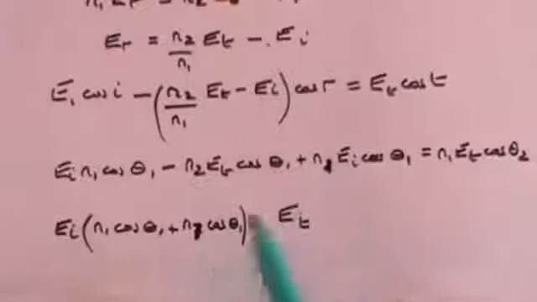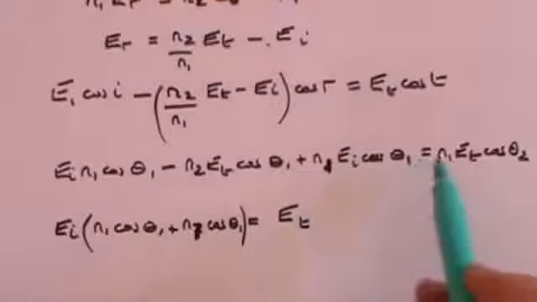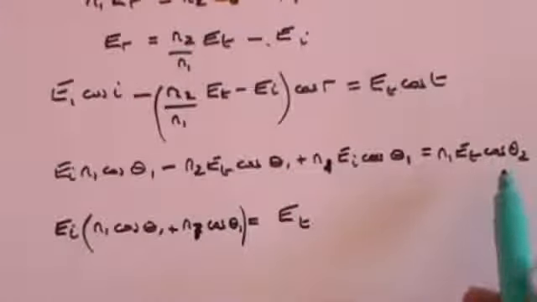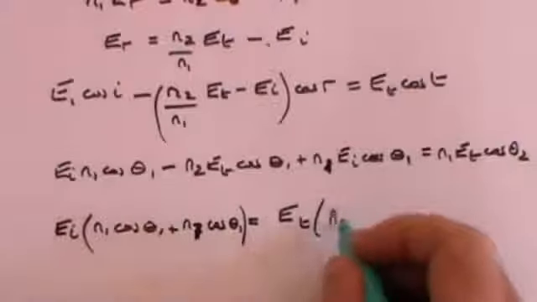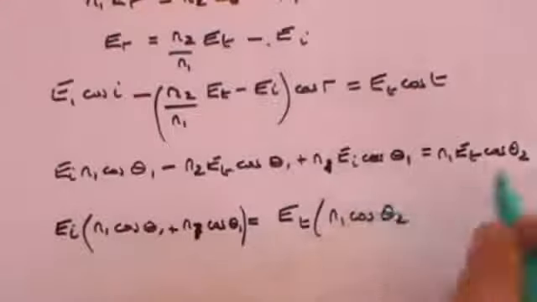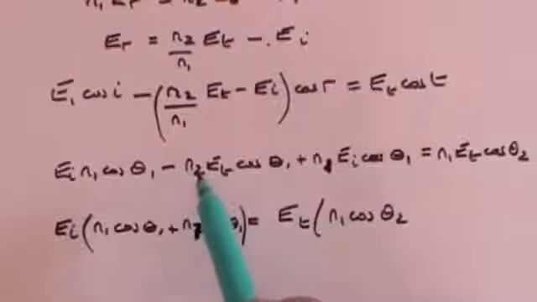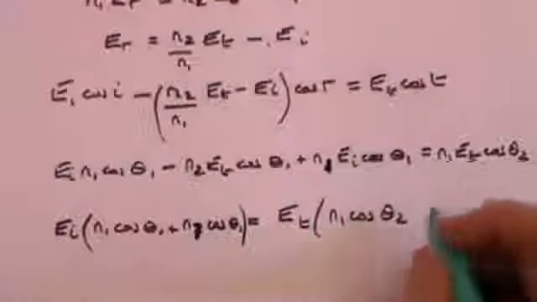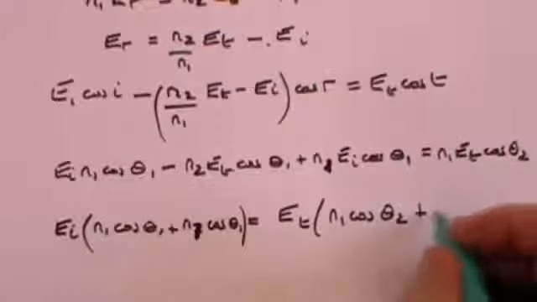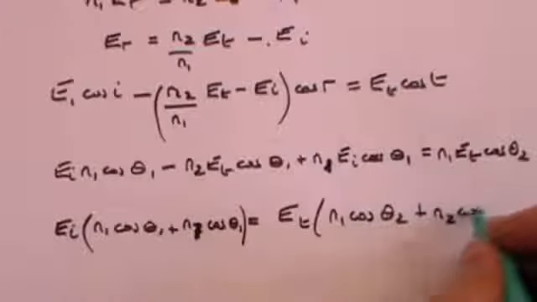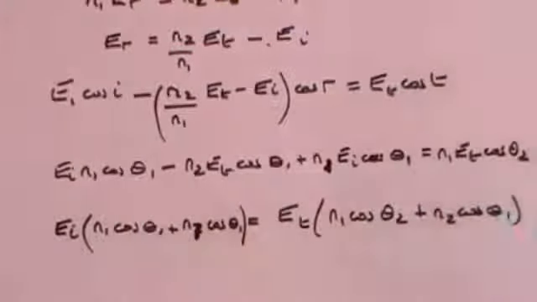So that's the left-hand side. Now what about the right-hand side? Well, we've got an n1 cos theta 2 on that side. And here we've got a minus n2 cos theta 1, which when we take it over the other side will be a plus n2 cos theta 1.